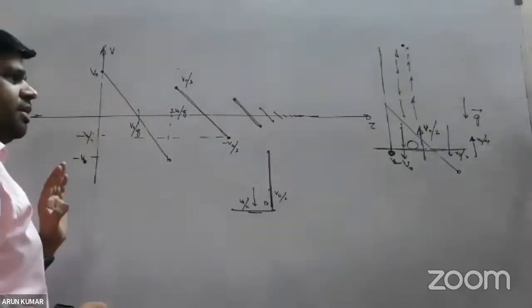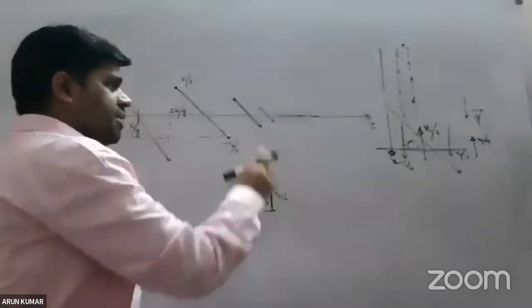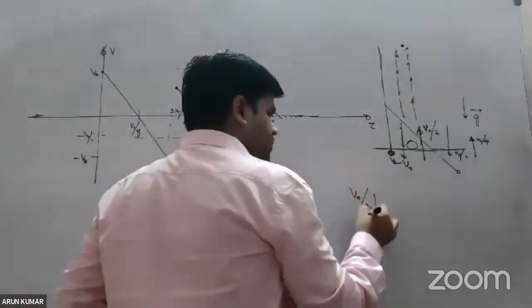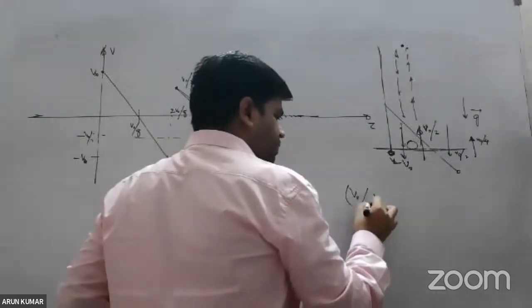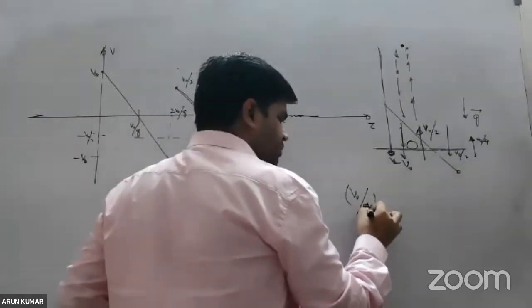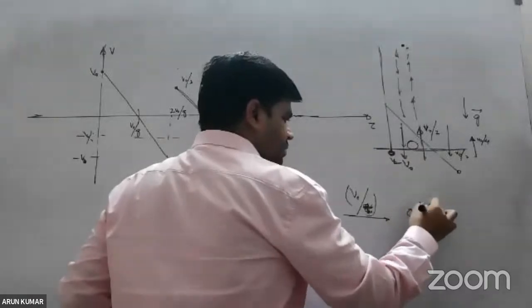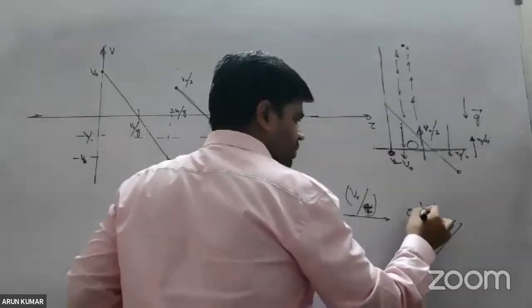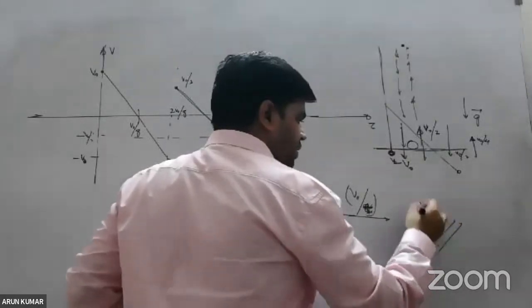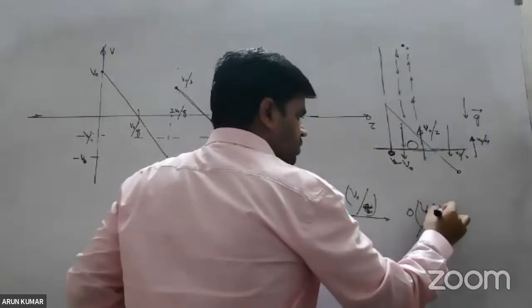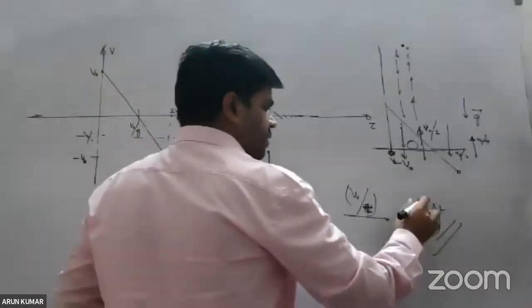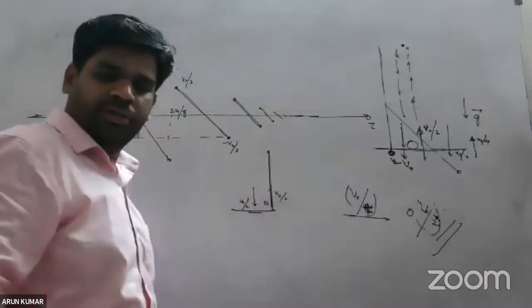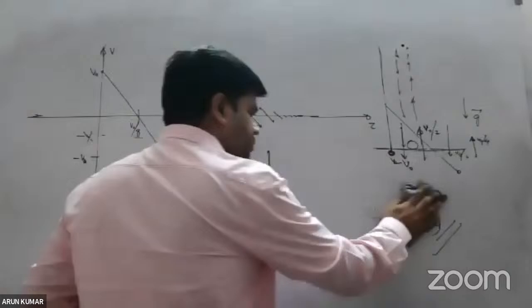Practically it becomes zero, but in my model, at every bounce it becomes v0 by 2, then v by 4, v by 8, v by 16. So it is not zero, at least it's v0 by 2 power n. Alright, all those mathematics, look into the data, don't worry about it.